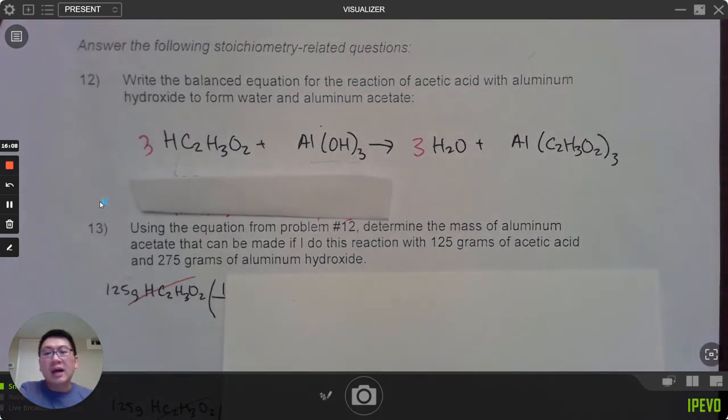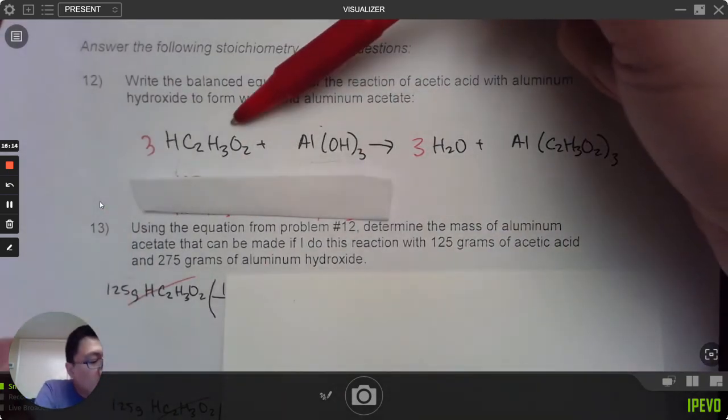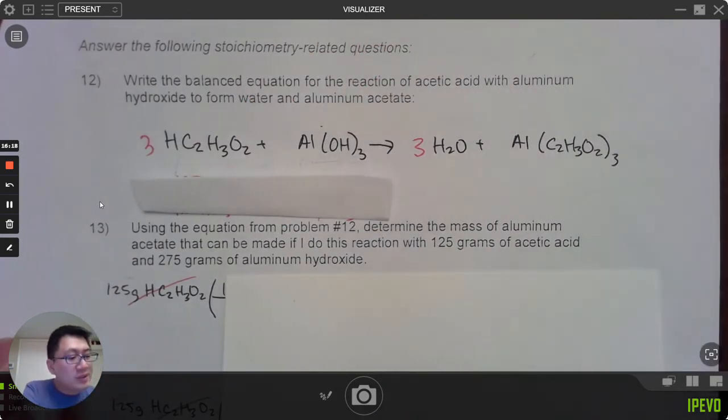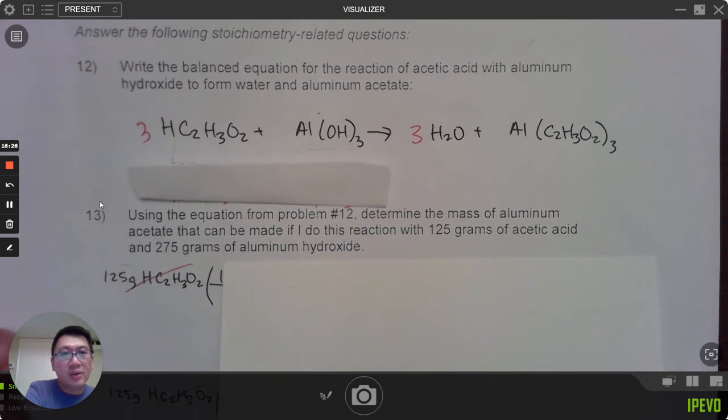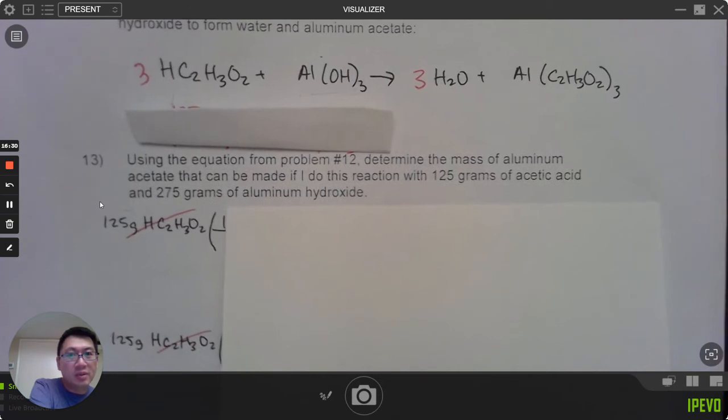What I did was I took my 125 grams of acetic acid and calculated how many grams of aluminum hydroxide I need. I know I have 275, but how much do I need if I had 125 grams of HC2H3O2? That's just a regular stoichiometry problem.